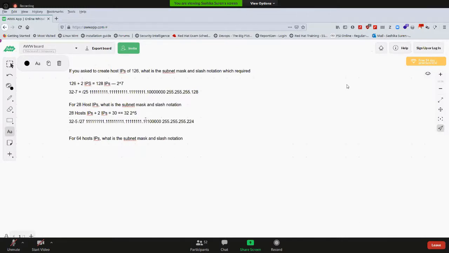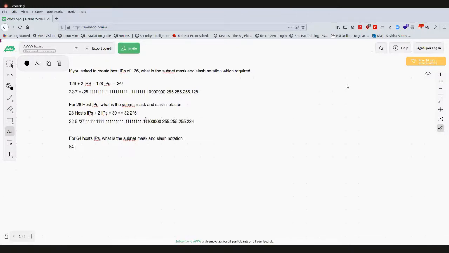64 host IPs plus another 2 IP addresses, for the broadcast and the network address, that is 66 IPs.